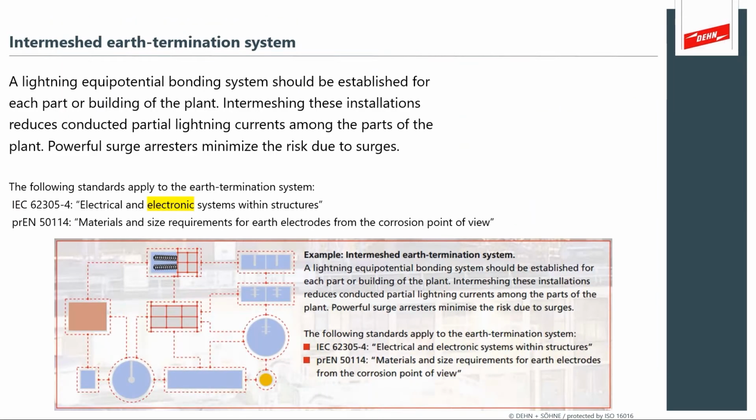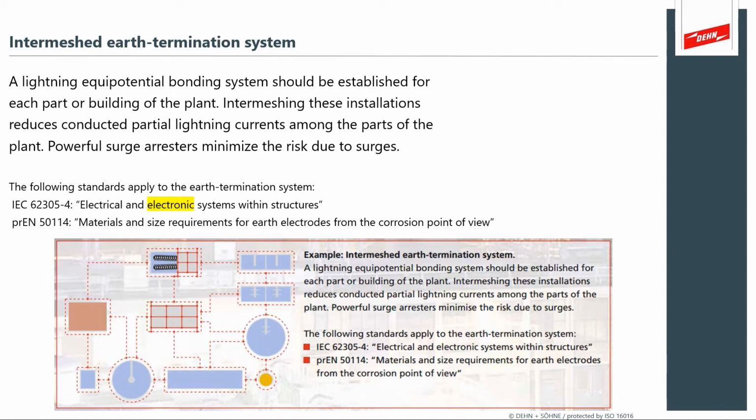So a water plant like this will look like an intermeshed earth termination system. And that's what's nice about the diagram below. You can see that it's composed of a series of ring electrodes around the structures that are all interconnected. And this is another contributing factor of why it's so important to apply these measures.